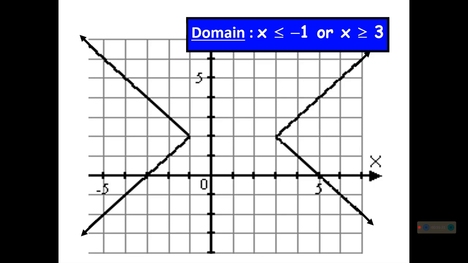Again, x is less than or equal to -1 because this represents that inequality. Okay? So we have here -1, so less than or equal. So it means -2 onwards because of the arrowhead.